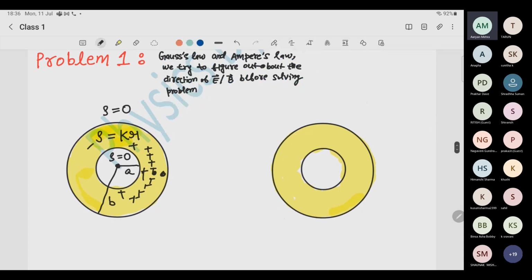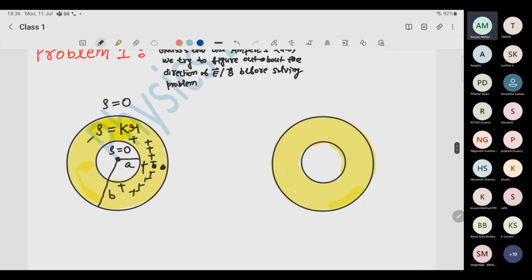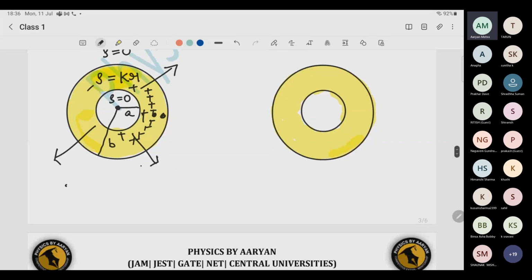If I have charges like this, for any positive charge the electric field will be radially outwards. So similarly here also my electric field will be radially outwards. So I have predicted the direction beforehand, and the direction I have predicted is radial.